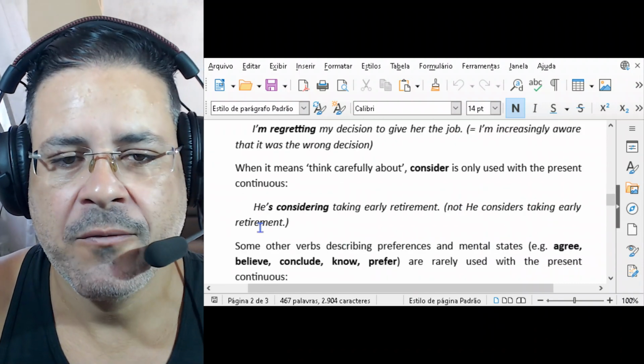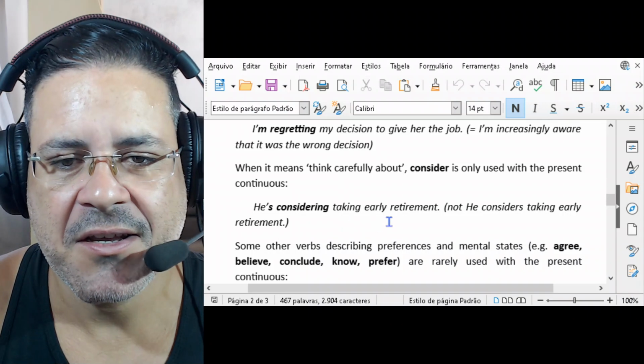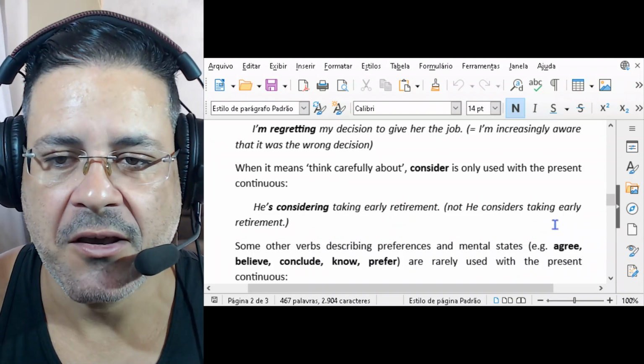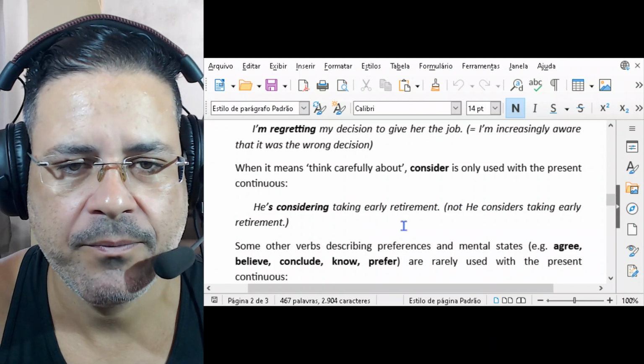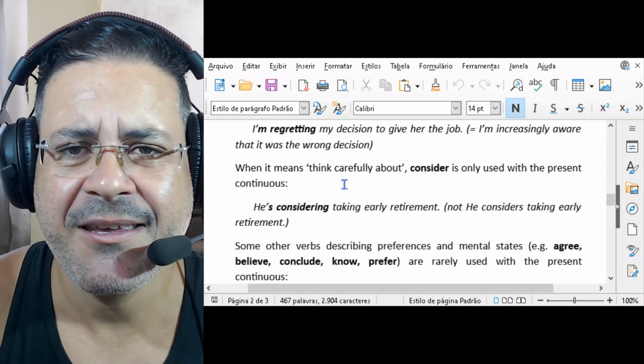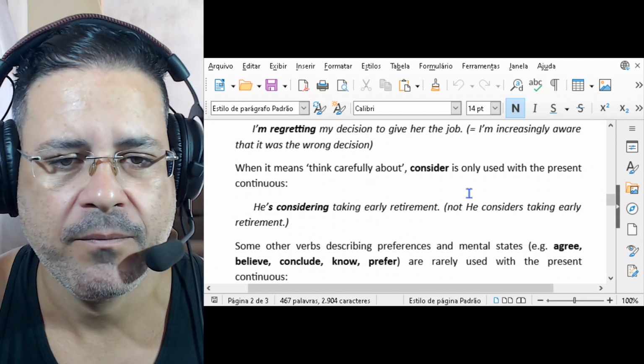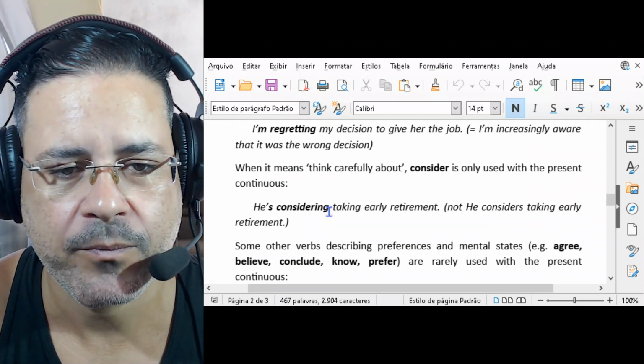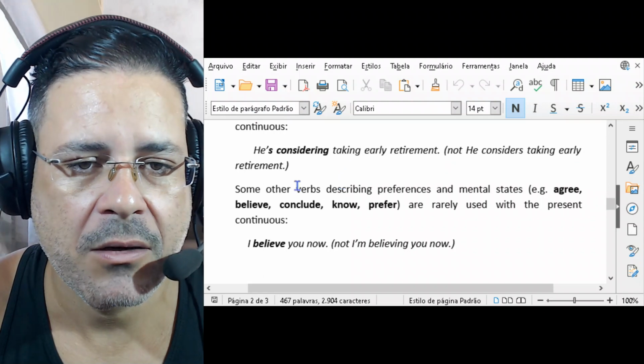For example, he's considering taking early retirement. Not he considers taking early retirement. Because it means think carefully about. So only in the present continuous in that case. Okay, let's go on.